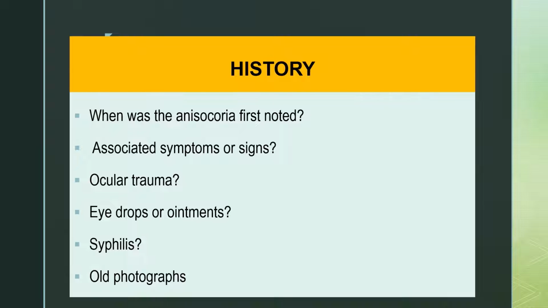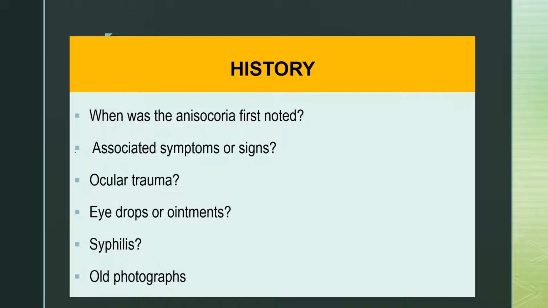Now, what if the anisocoria is not physiological but pathological? How do you go about evaluating such a case? First of all, the history is very important. You ask the patient, when was the anisocoria first noted? Was it present since birth, where you might be dealing with a congenital condition like congenital Horner syndrome?